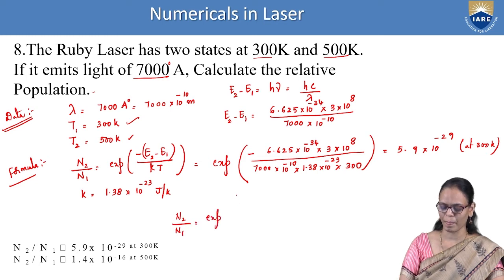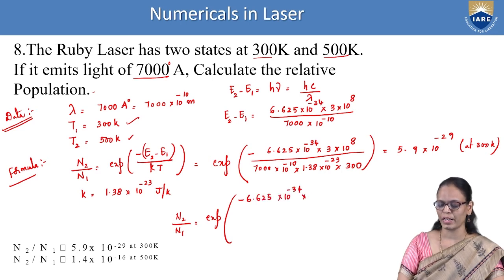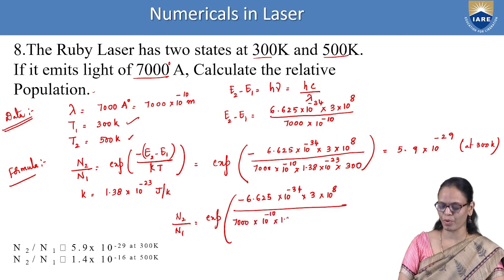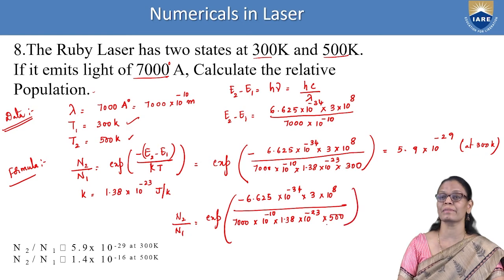Exponential minus 6.625 into 10 power minus 34 into 3 into 10 power 8 divided by 7000 into 10 power minus 10 into 1.38 into 10 power minus 23 into 500. Now we are doing with increase in temperature to 500 Kelvin. And then we get 1.4 into 10 power minus 16. This is at 500.